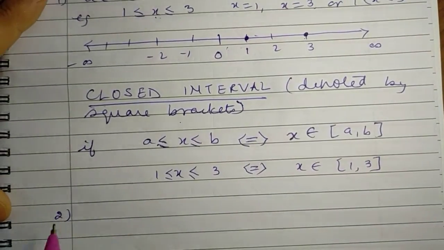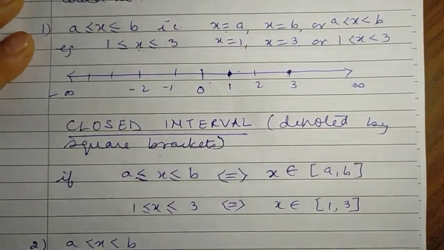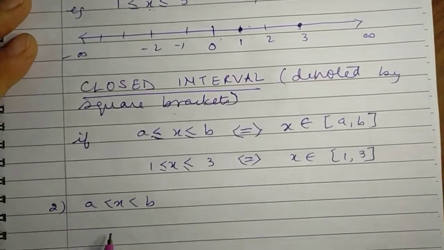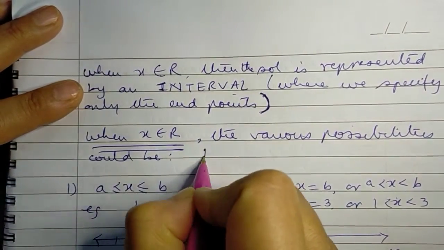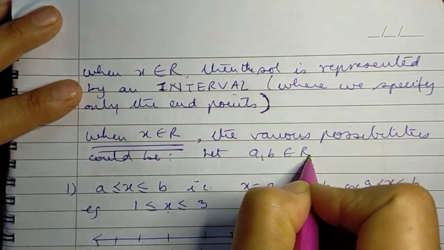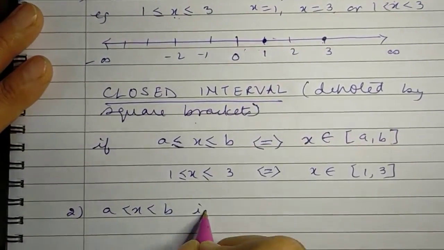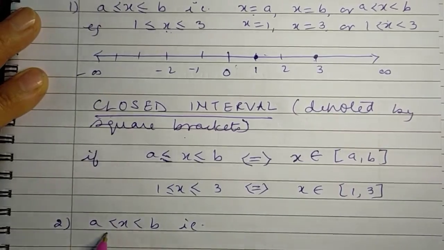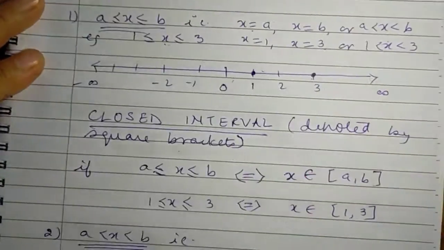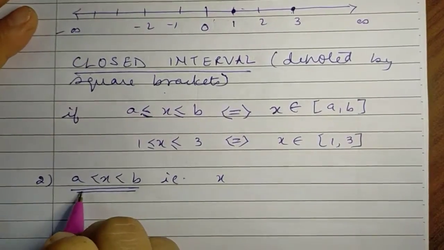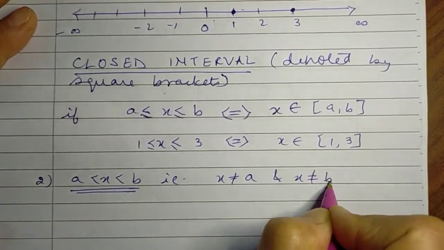Now, the second case is when x strictly lies between a and b. Here let a and b be some real numbers. That is, x is simply in this interval and, no matter how close x is to a, x is not equal to a and x is not equal to b.